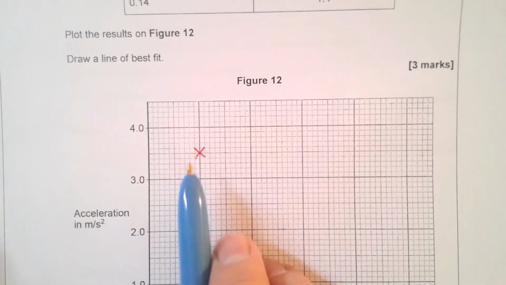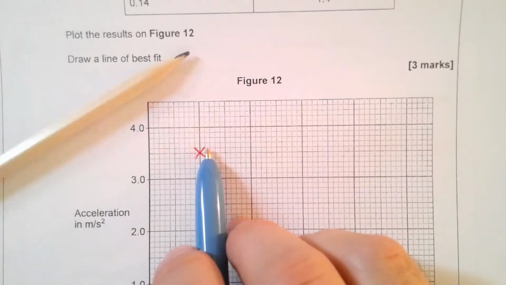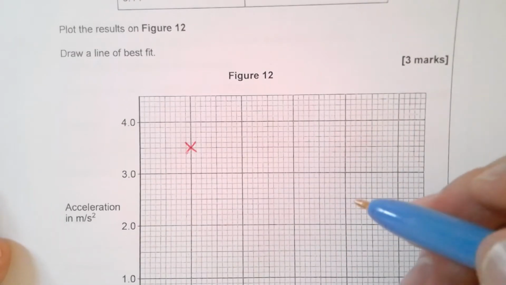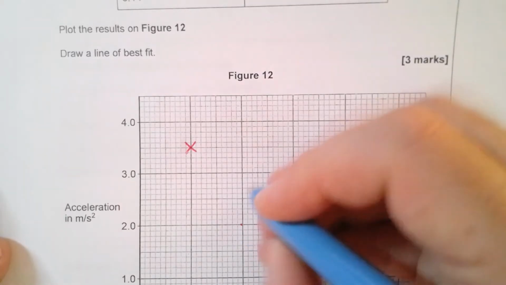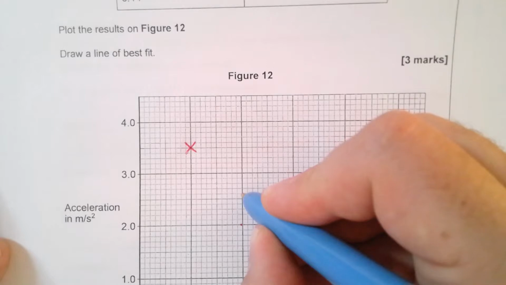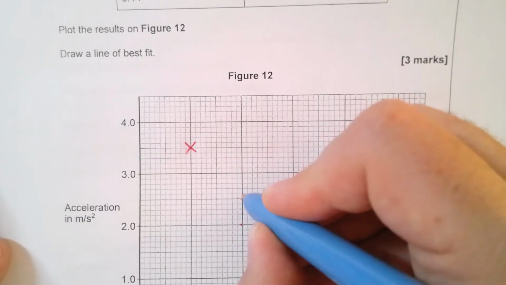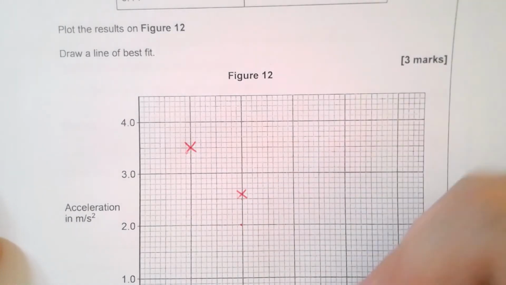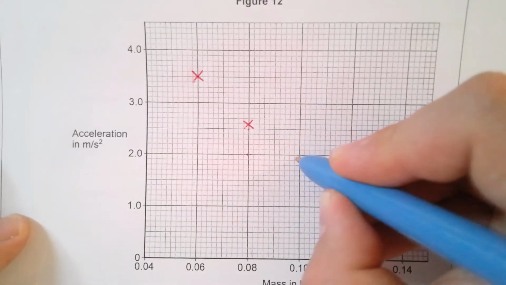You'll notice I'm using pen as well, because that shows better in the video. Normally you should be using a sharp pencil. Our next reading was 0.08, and that took us up to 2.6. So each single square represents 0.1, so that's 2.5, and one square above, 2.6. 0.10 goes up to 2.